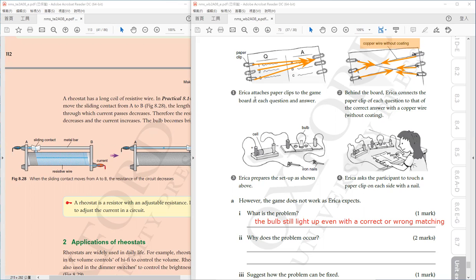Why does it occur? Because the copper wires have no coating. Therefore, they touch each other. When they touch each other, the circuit is closed.